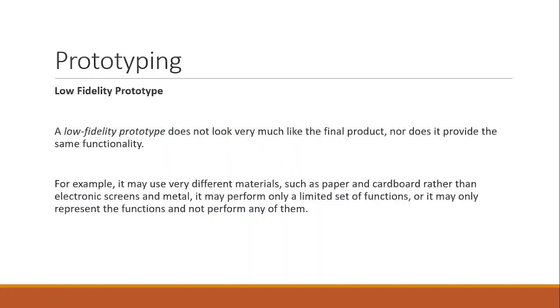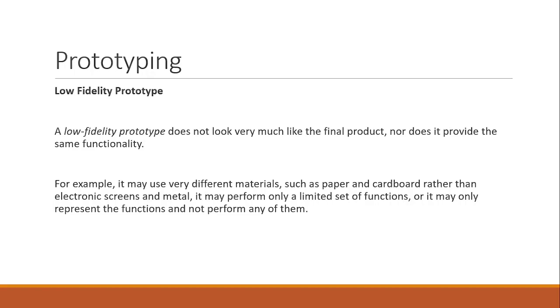So here, we'll start on discussing the different types of prototypes. We'll discuss low and high fidelity, based on the level of detail. A low fidelity prototype does not look very much like the final product, nor does it provide the same functionality.